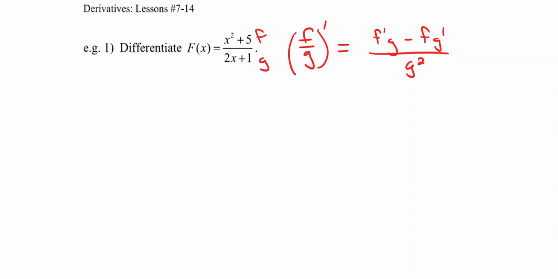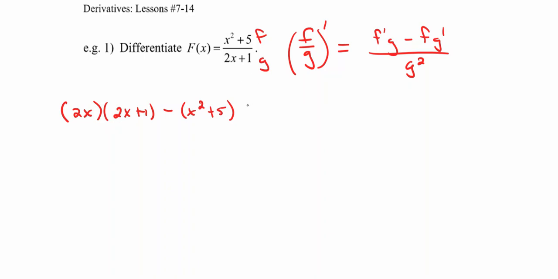Okay, just one at a time here. So f prime would be 2x. Bring the 2 down, and then the 5 would become 0, so that's just 2x. And then g would be 2x plus 1, minus, and then moving on to this part, f would be x squared plus 5.